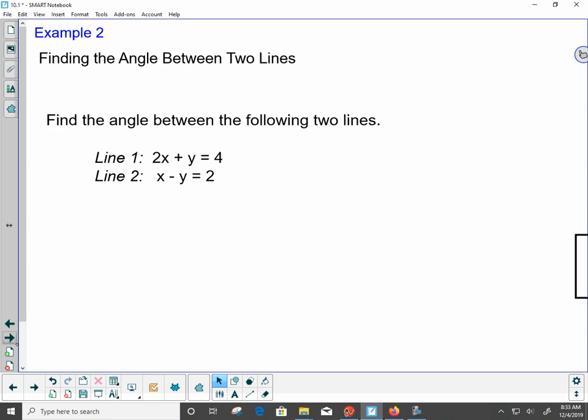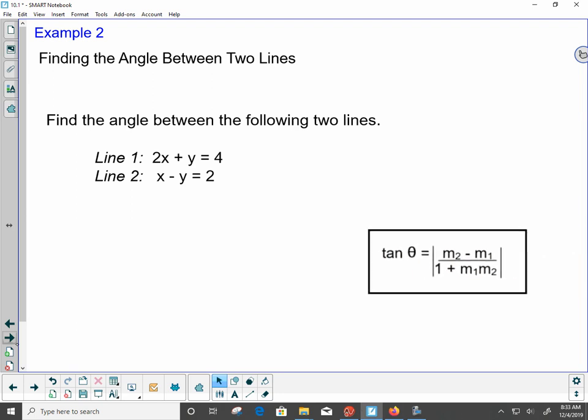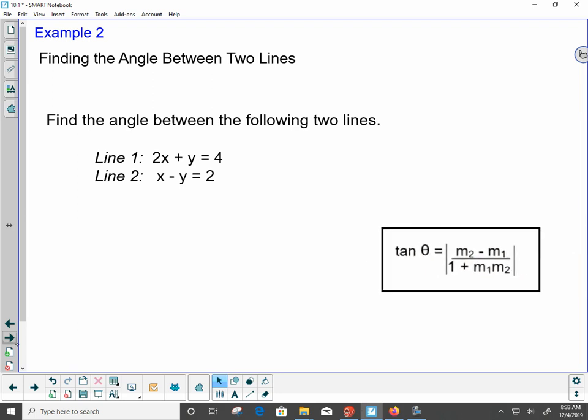Okay, I have line 1 and line 2, and I want to find the angle between those two lines. So what I'm going to have to do is find the slope of both lines and then put them into that formula. We good? Okay. So here, line 1, I'm doing in red. 2x minus 4.